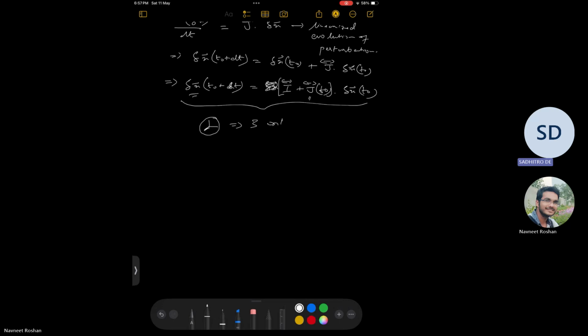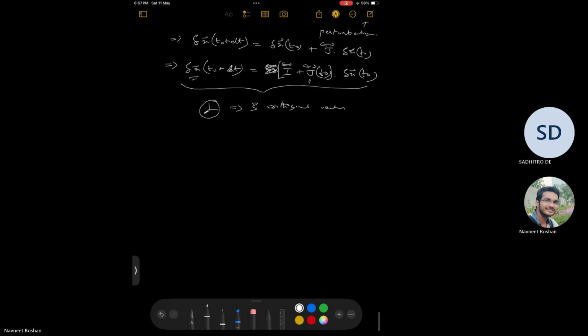So we initially take three orthogonal vectors, del x 0, del y 0 and del z 0.